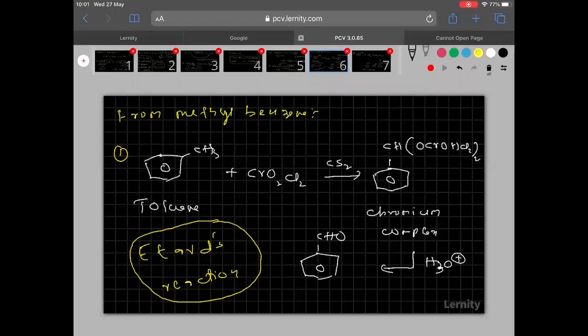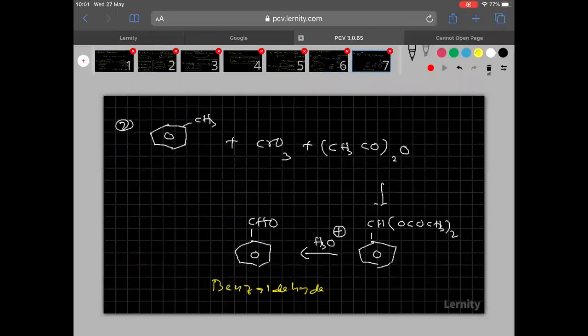So I forgot to mention that one. Please mention this one. I hope you are able to understand it. Right? So this is second one from toluene only to get benzaldehyde.